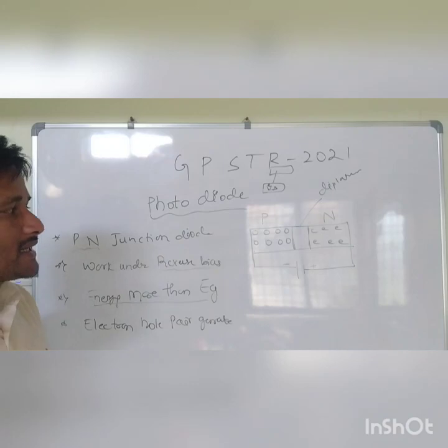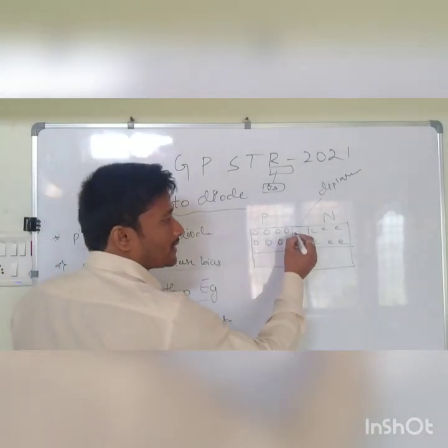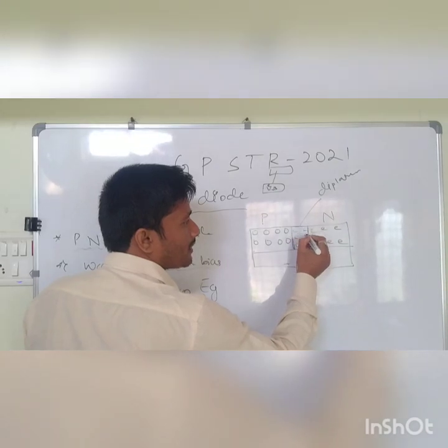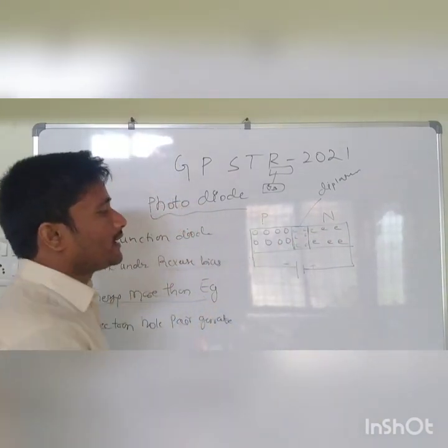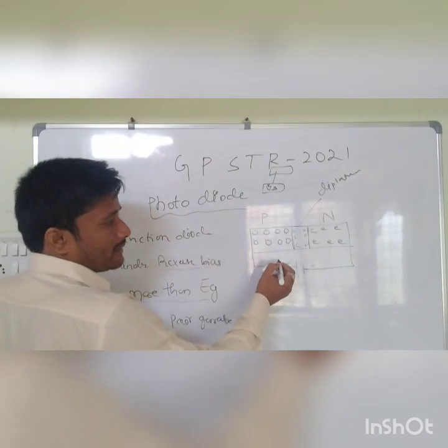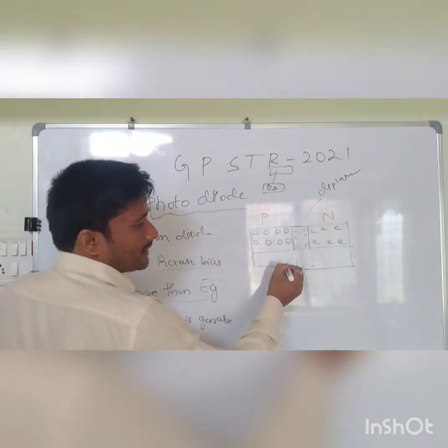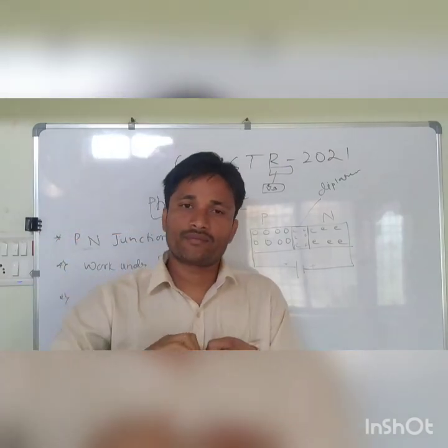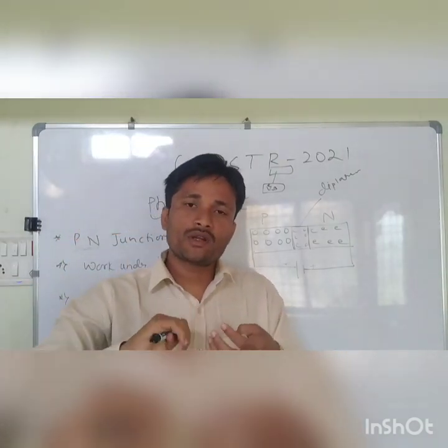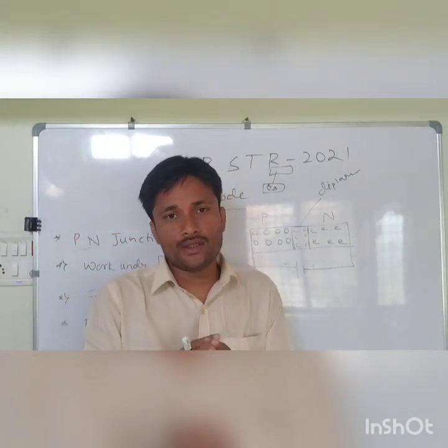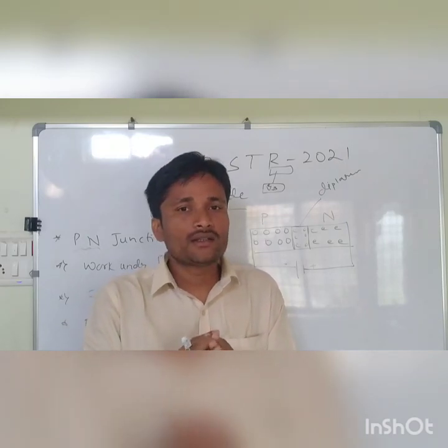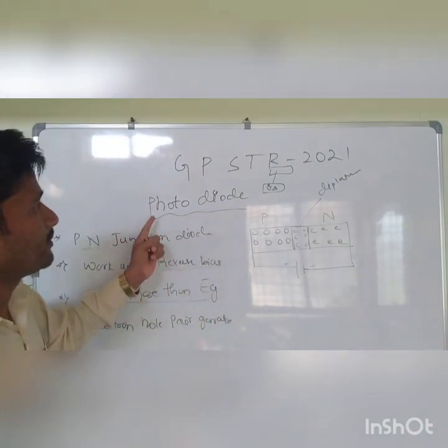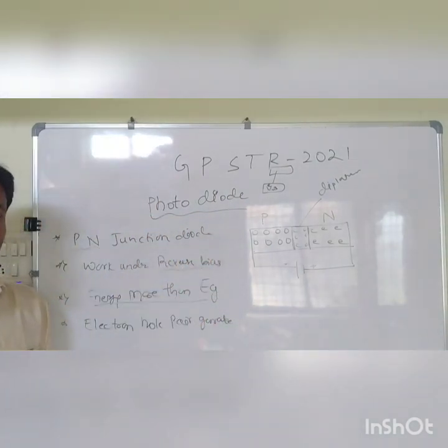In the reverse bias condition, here are electrons and here are holes. There will be a recombination of electron and hole pairs that leads to energy. That energy we are going to get from the photodiode.